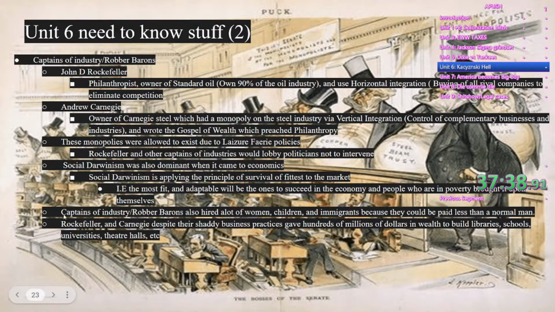However, it is important to note that despite Carnegie and Rockefeller using shady methods in their business practices, such as using women, children, and immigrants because they could be paid less than a man, and also creating monopolies, both of them were philanthropists who believed it was the duty of rich people to give their wealth back to society. So they gave hundreds of millions of dollars to build libraries, schools, universities, theater halls, etc.